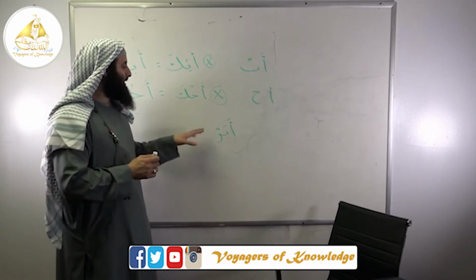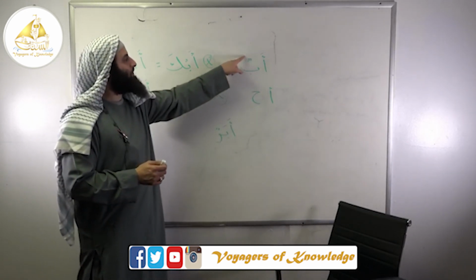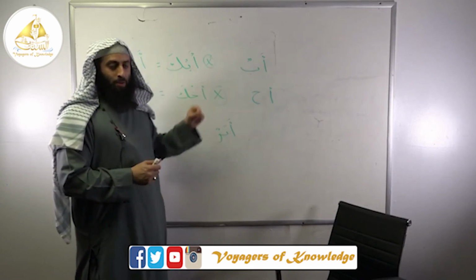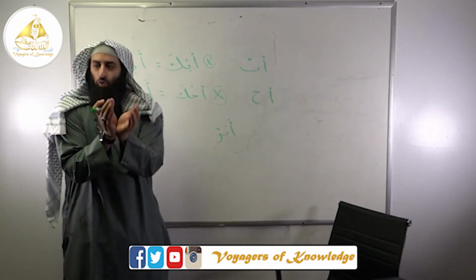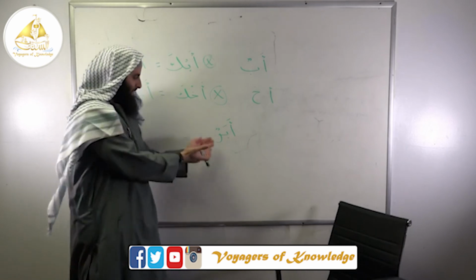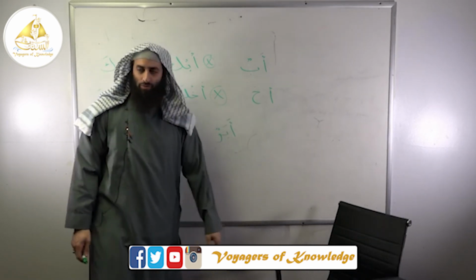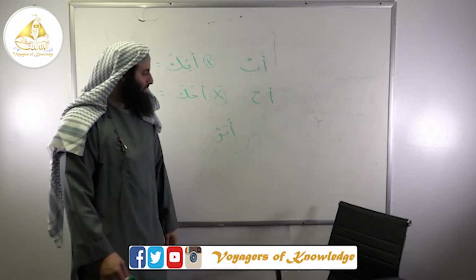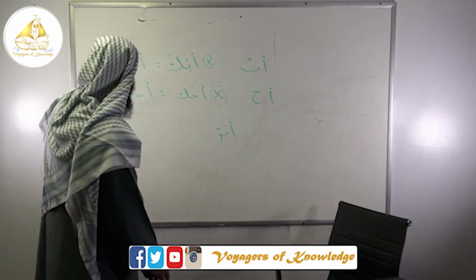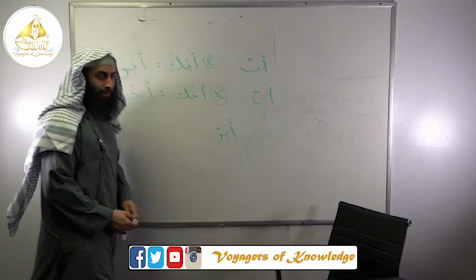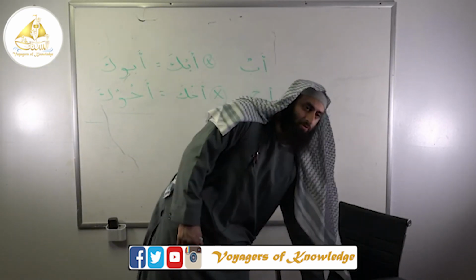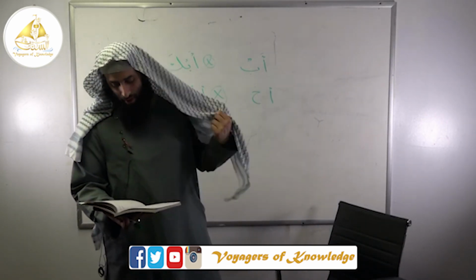No. When I say its original state, I'm referring to marfu'. But if I'm saying the origin of the actual word, what we have here is abawun, and this one is akhawun. So, abuka and akhuka. But very good on remembering those asma al-khamsa.